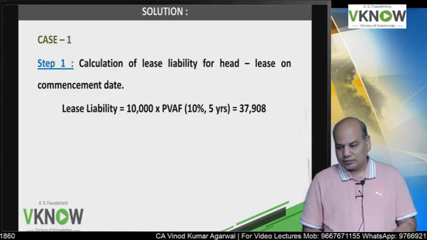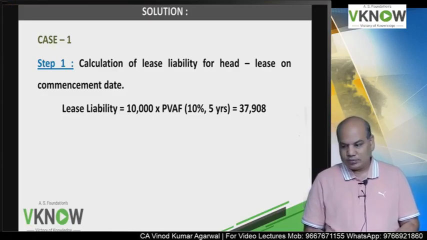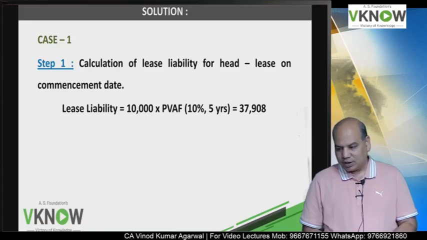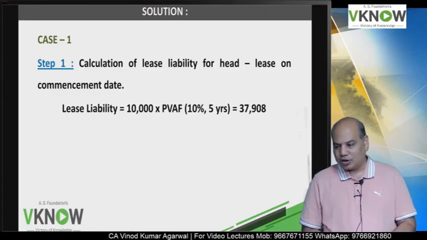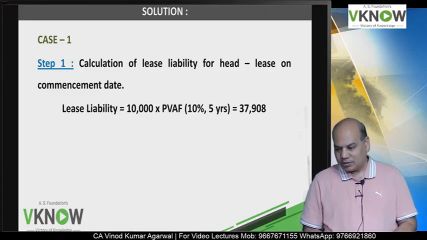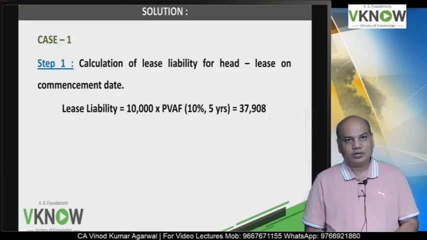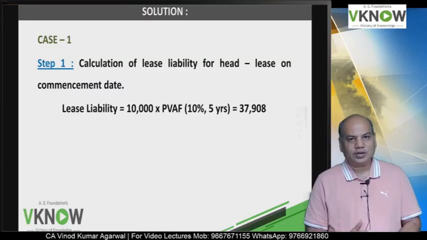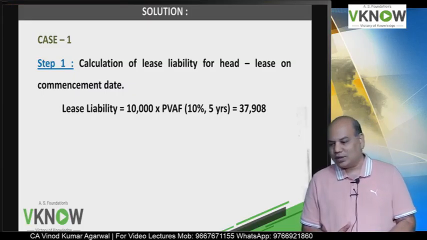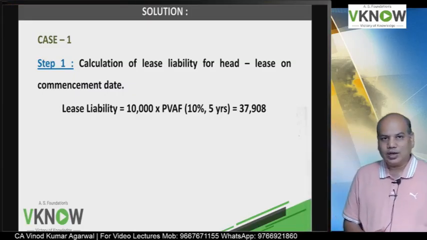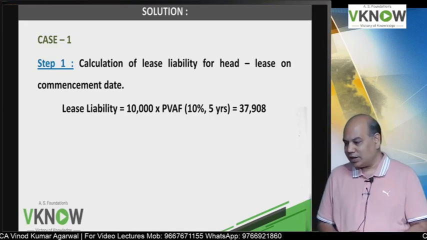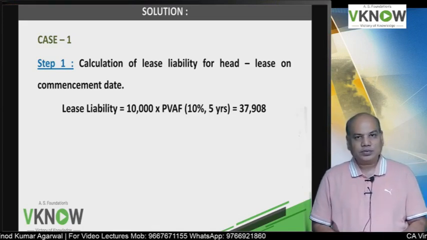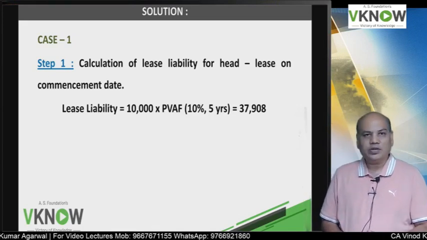you will get lease liability at the commencement: 10,000 into PV annuity factor 10%, 5 years. On your calculator, first you compute the annuity factor and multiply by 10,000. You will surely get 37,908. Please confirm, have you got 37,908?